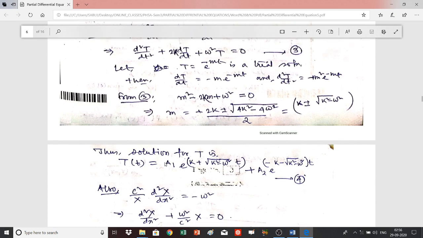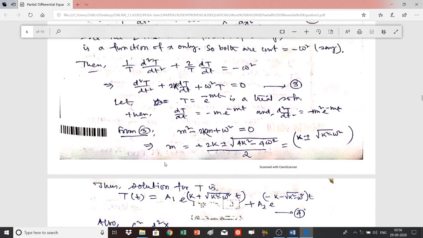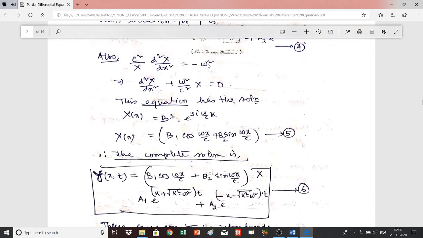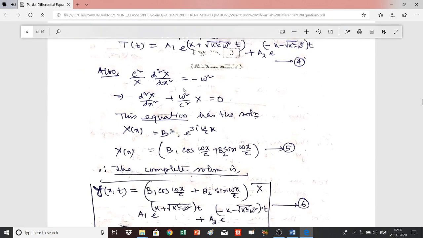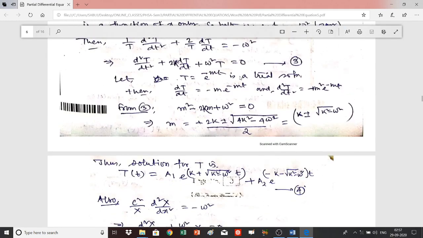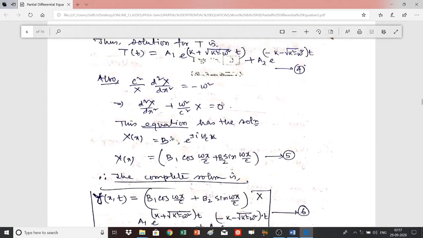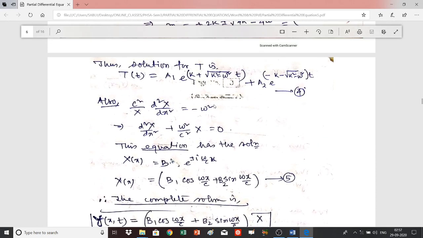Now another ordinary differential equation that this expression will give you is c square by X d2X by dx square is equal to minus omega square. If you use the similar process that we employed in the previous case, then you will have two values of m, and they are plus i omega by c and minus i omega by c.